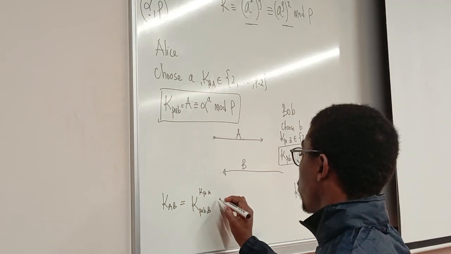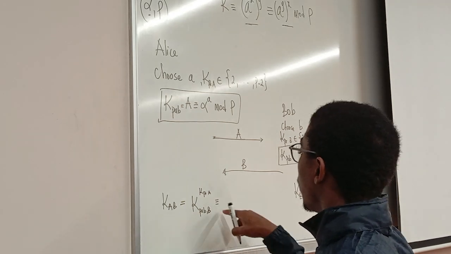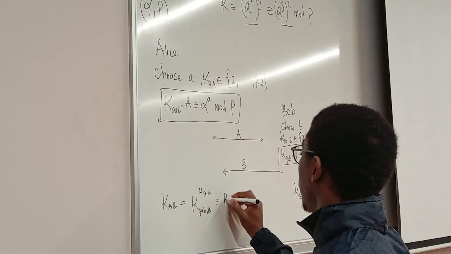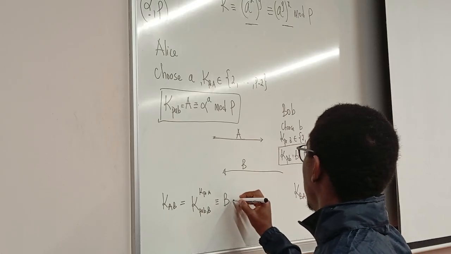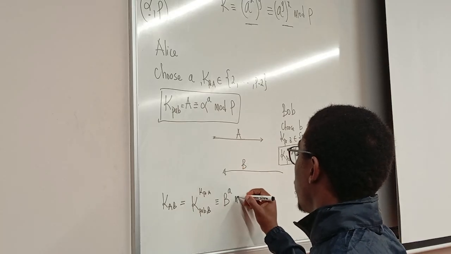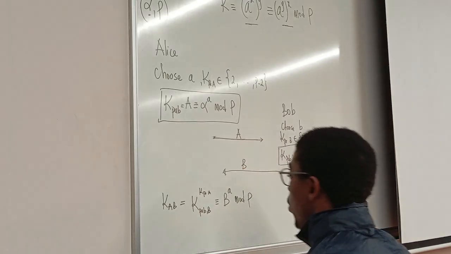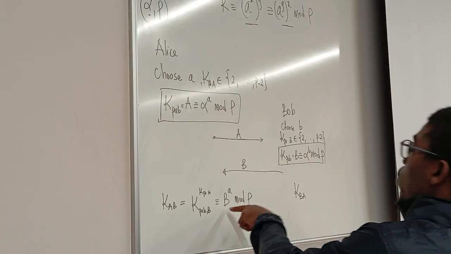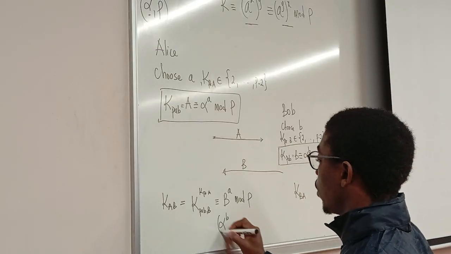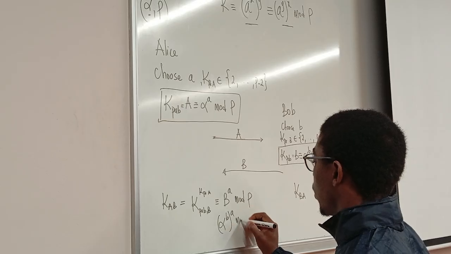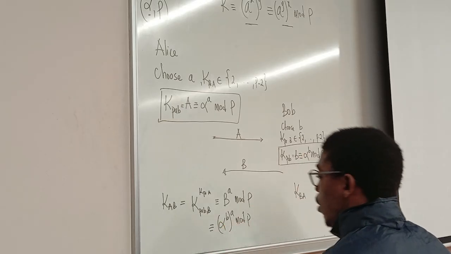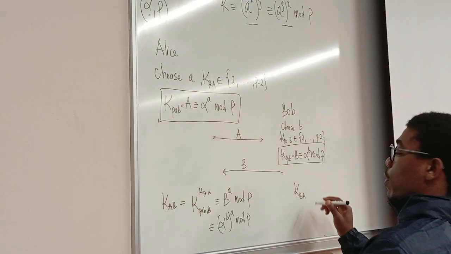That's what's going to happen, which is equal to the public key of Bob, B, raised to the private key of Alice, A, mod P. But we should note something: the public key of Bob is actually alpha to the power of B, mod P. So let's see if Bob also gets the same thing.